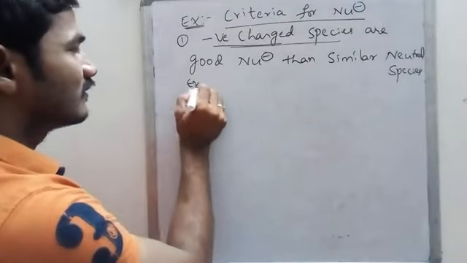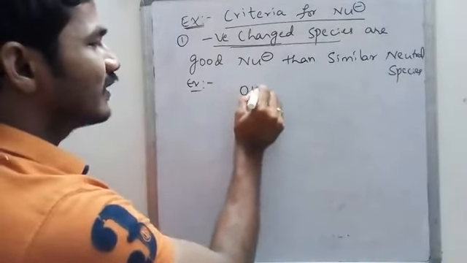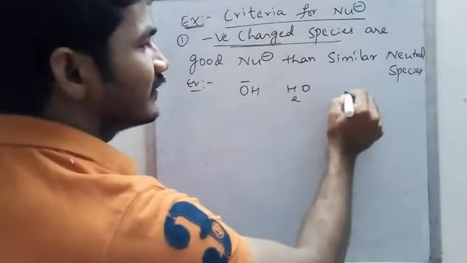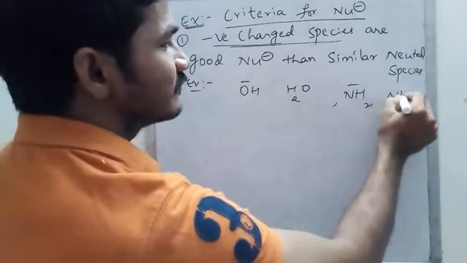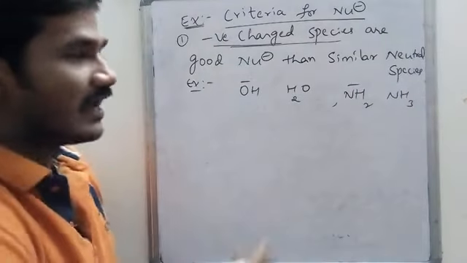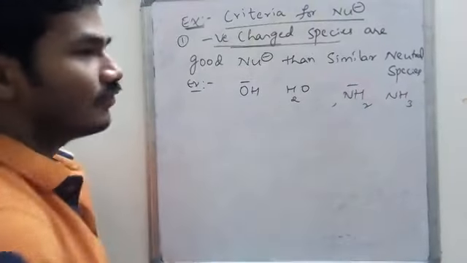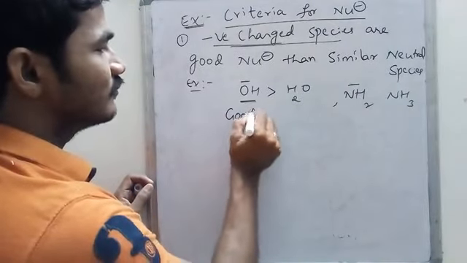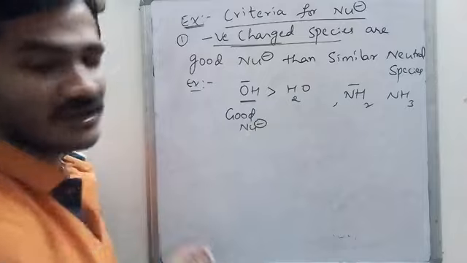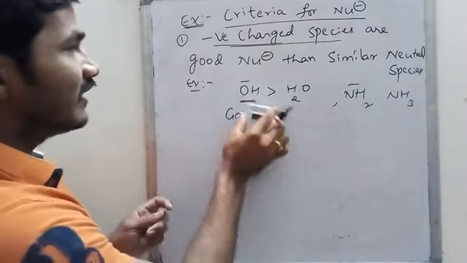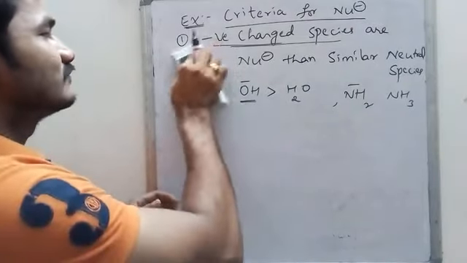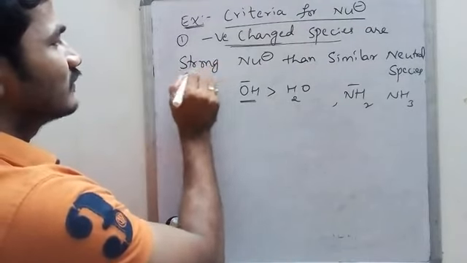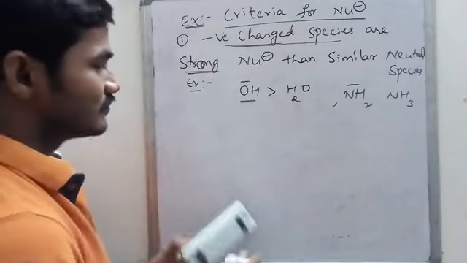For example, if I take OH minus and H2O, and NH2 minus and NH3, among these examples OH minus can be taken as a good nucleophile. Instead of good, I write strong.